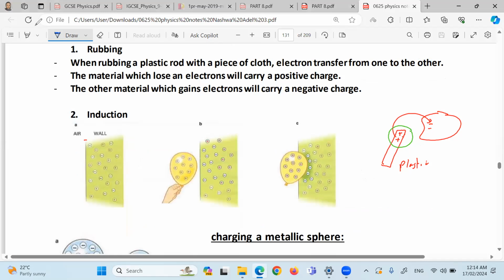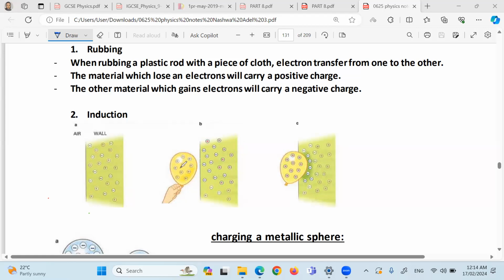Let's imagine I have a wall. The wall is neutral, meaning the positive and negative charges are distributed randomly. After that I take a balloon and wrap it with another object, and let's assume that the balloon has a positive charge. When you bring the balloon close to the wall, the positive and negative charges in the wall are distributed randomly.